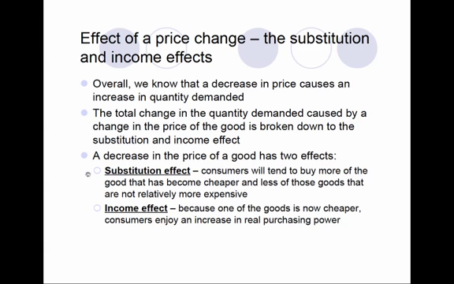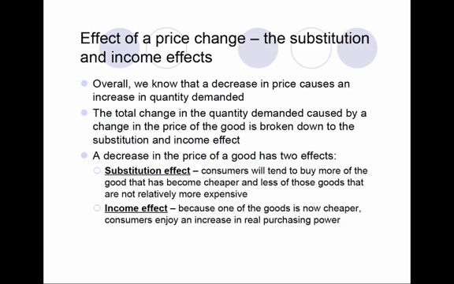First, in the case of the substitution effect, as the price falls, we tend to substitute towards that good because it is now cheaper relatively speaking. But then second, there's an income effect. This deals with the fact that although my income hasn't gone up when the price has fallen, the purchasing power of my income has increased.